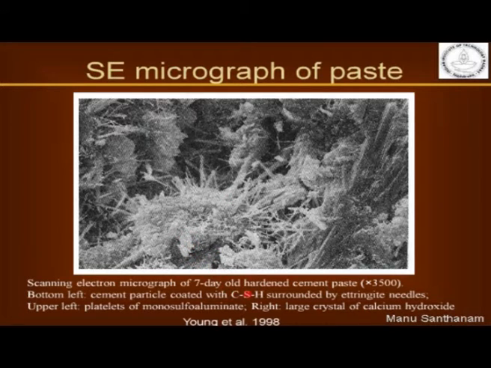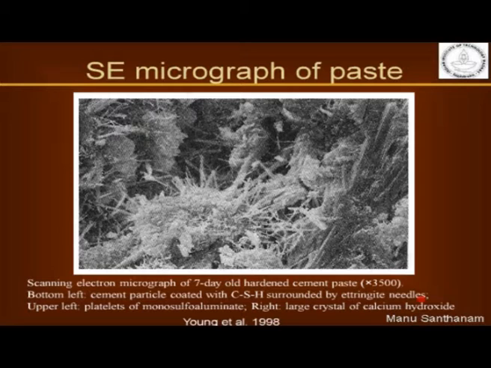Okay, this is CSH, and you also have several needles that are being shown here. Those needles are those of ettringite, and there are some plate-like structures. Those plates are of monosulfate. Okay, and you have a very large, darker looking crystal on the side here. That dark looking large crystal is actually that of calcium hydroxide.